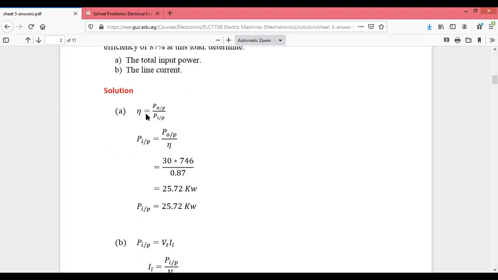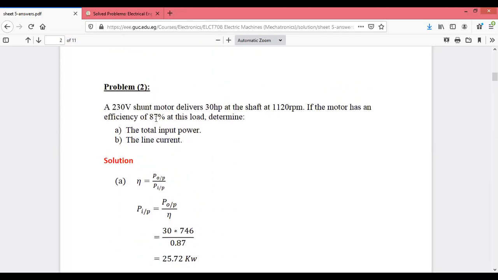So we have the equation eta equals output power upon input power. You can convert that equation to get the input power: P output upon eta. They have given 87%.